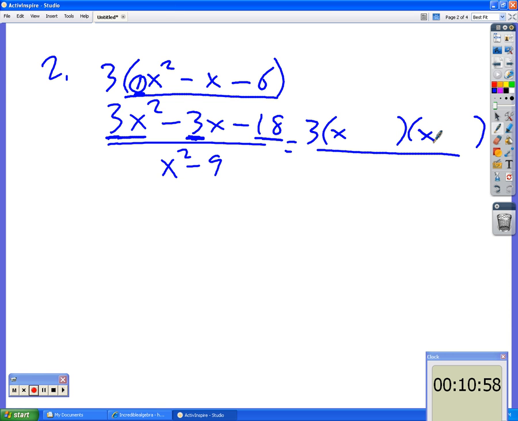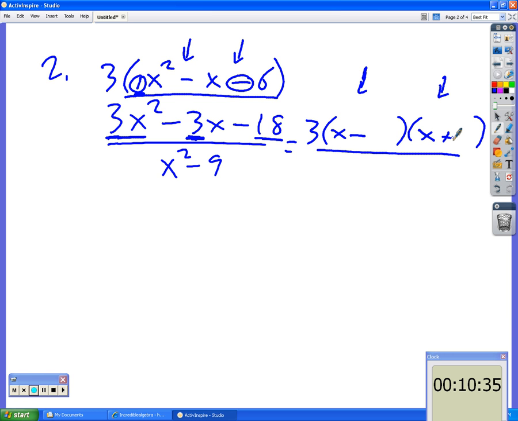The negative always goes in the first one. Whenever the last sign is negative, the signs have to be different. Since this one is a negative, this one has to be a positive.